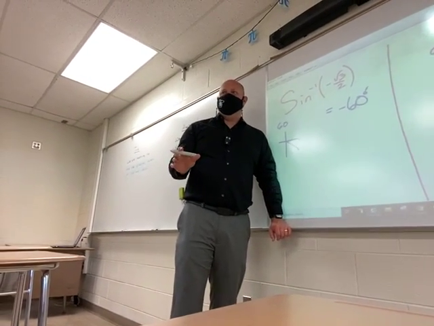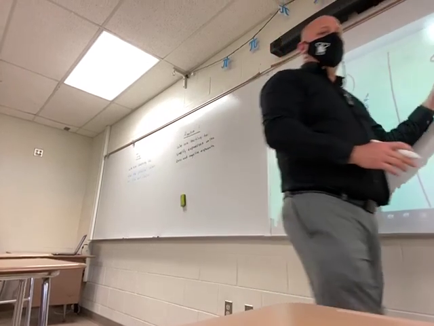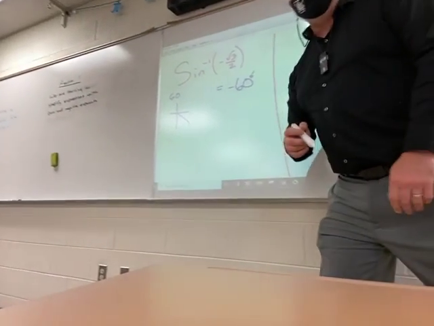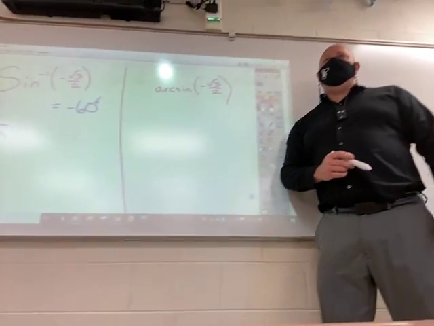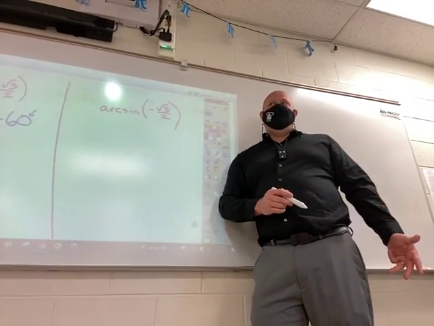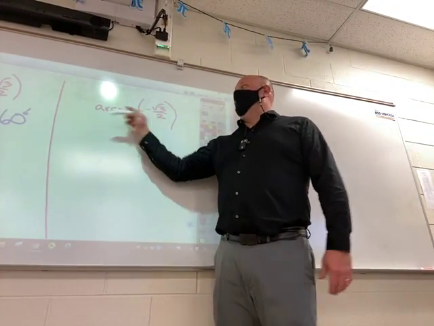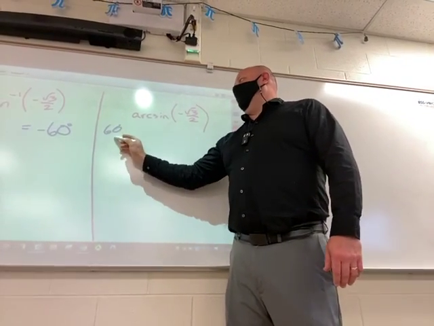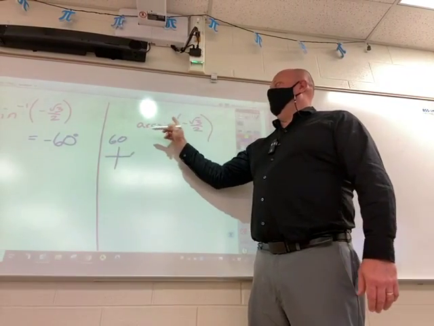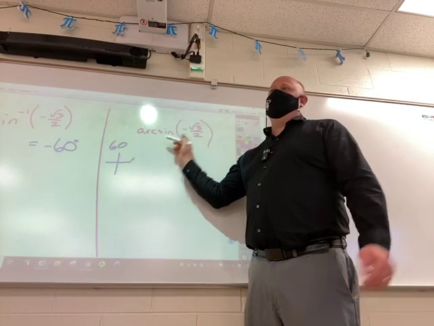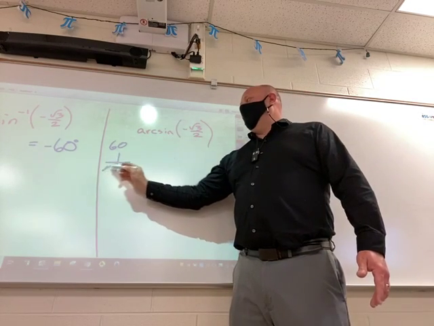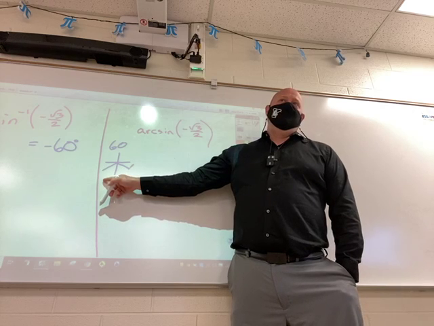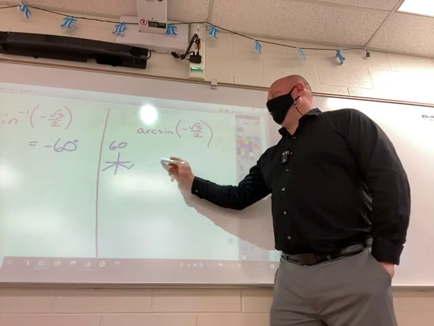Good so far? What would you do if it was lowercase? Now you have to list all answers. So my reference angle here would still be 60. But now I want all of them, so I need all the quadrants where sine is negative, which is third and fourth. What's a 60 in the third? 240.